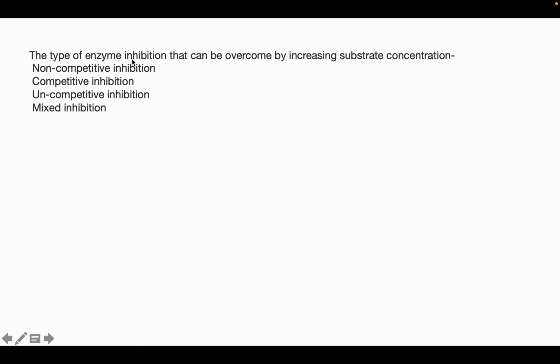The type of enzyme inhibition that can be overcome by increasing substrate concentration is competitive inhibition. So competitive inhibition, as we have studied, the inhibitor binds to the enzyme's active site, right?